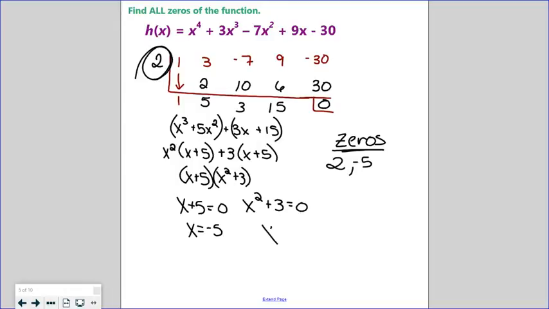We went to solve it and we said, uh-oh, I'm square rooting a negative, that's imaginary. Well, we don't throw out imaginaries anymore, right? But we have to remember that when I insert the square root, I also have to insert a plus or minus every time, okay? So simplify your square root like normal. Square root of 3 is not going to simplify, but the negative comes out as an i. So plus or minus i square root of 3 is your last two zeros.